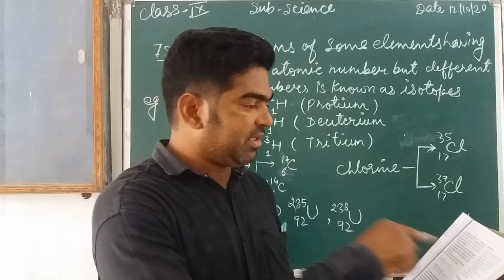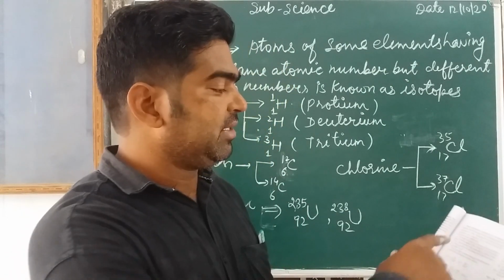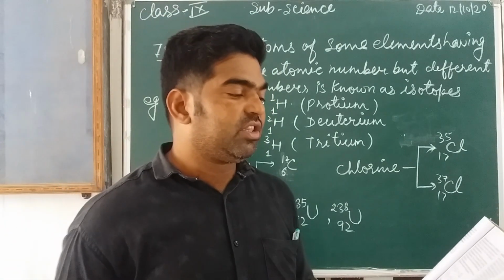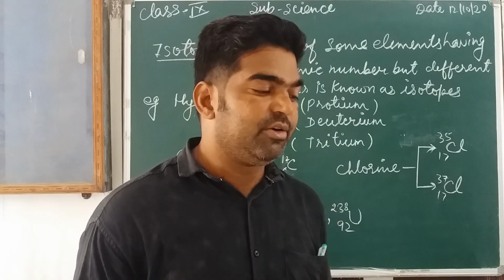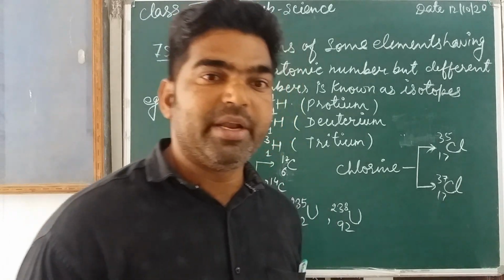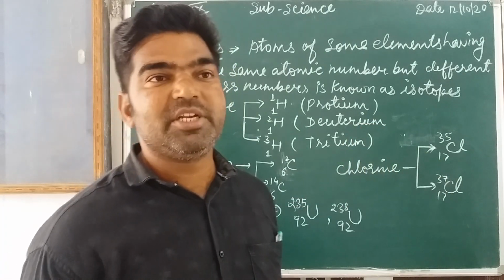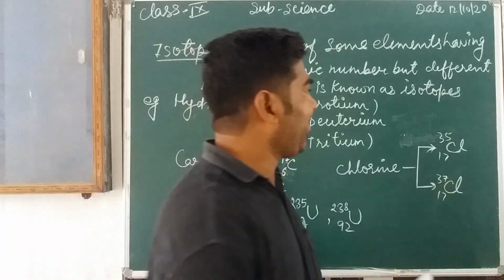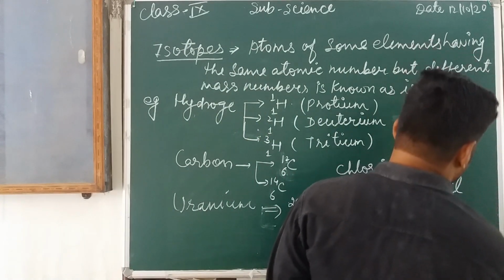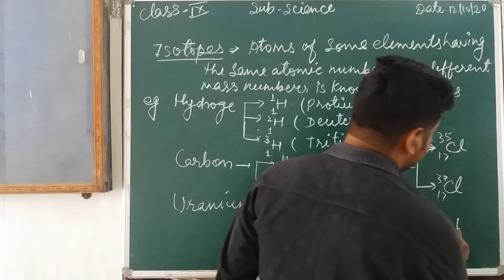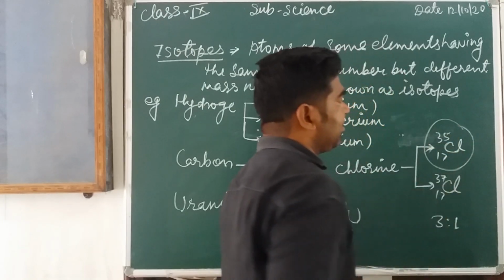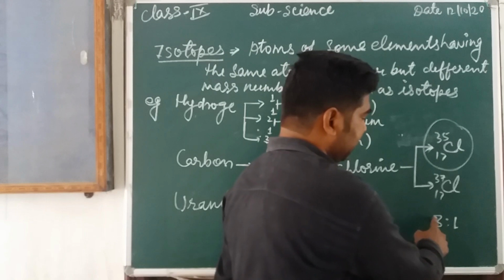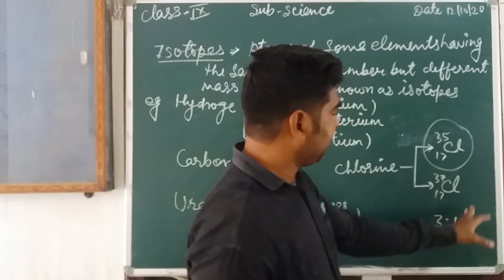So for example, here one example of chlorine is given: chlorine occurs in nature in two isotopic forms, with masses 35 unit and 37 unit, in the ratio of 3:1. Means in nature chlorine exists in a 3:1 ratio. This chlorine 35 is found in three parts and this is in one part.